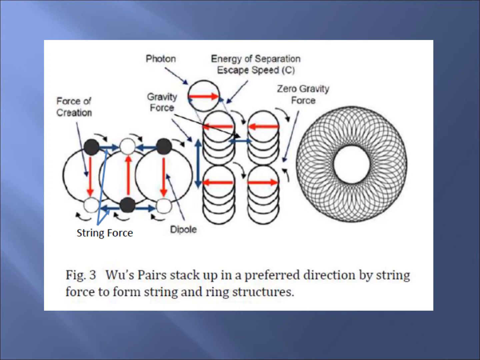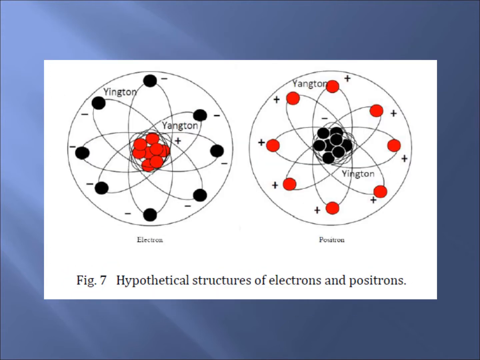A variety of string structures, including linear, ring, sphere, and tetrahedral structures, can be produced to represent a variety of subatomic particles such as graviton, neutron, electron, proton, and dark matter. This is a hypothetical structure of electron and positron based on Wolf's pairs.